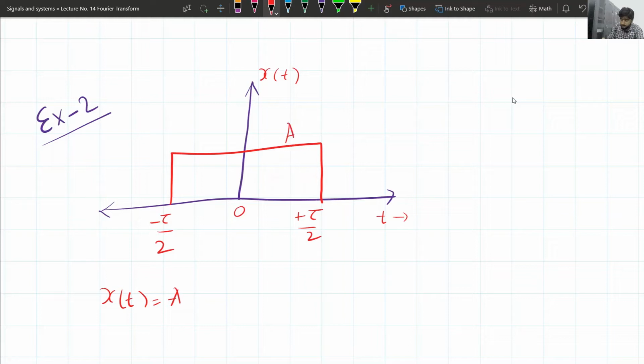Let's say A naught is its amplitude, rect(t/tau). Now we are interested in finding its Fourier transform X(omega).